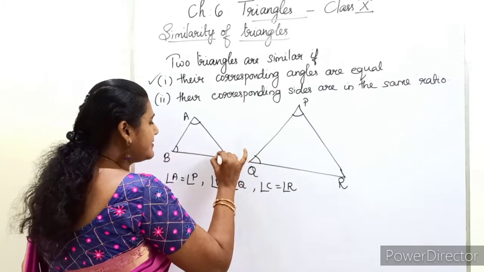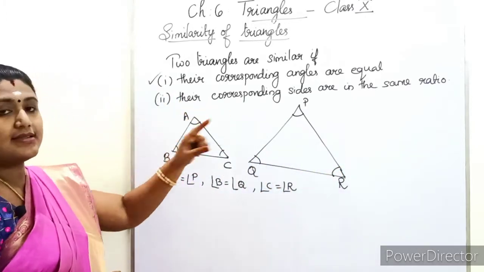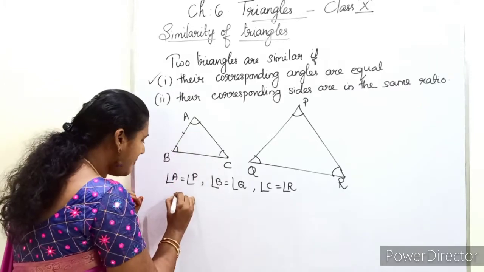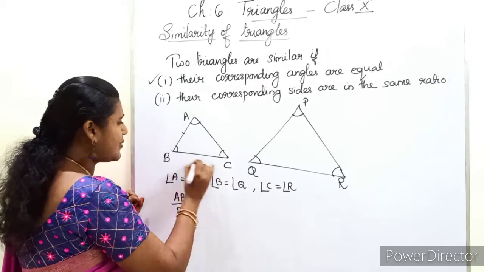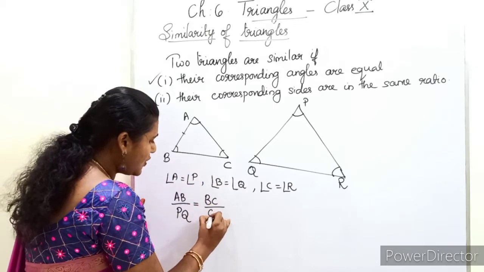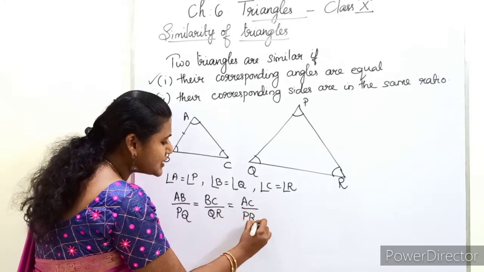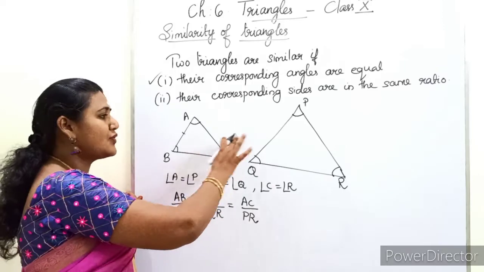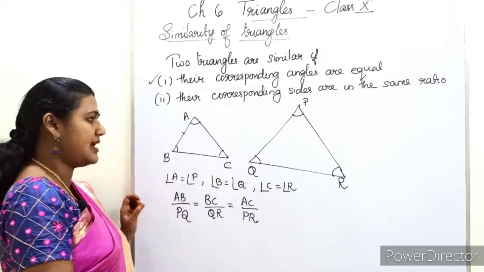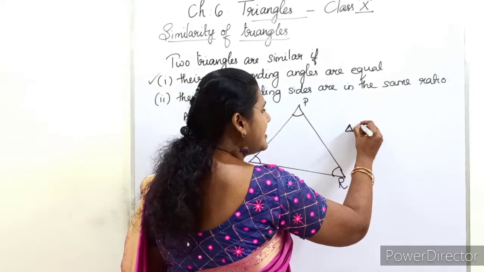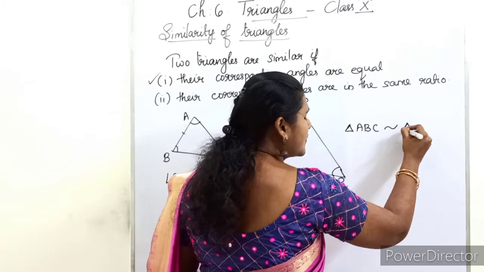All the corresponding three angles are equal and the corresponding sides are in the same ratio. So AB by PQ is equal to BC by QR is equal to AC by PR. If these two conditions are satisfied, then we can say that these two triangles are similar, and we can denote this as triangle ABC similar to triangle PQR.